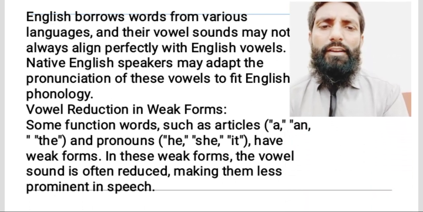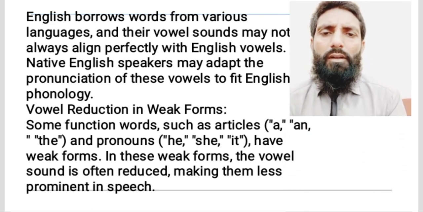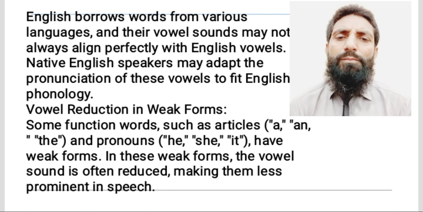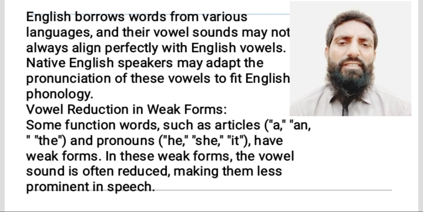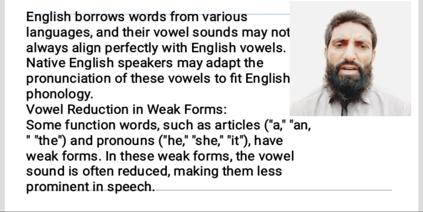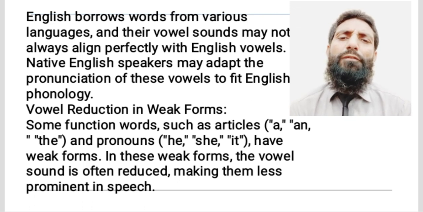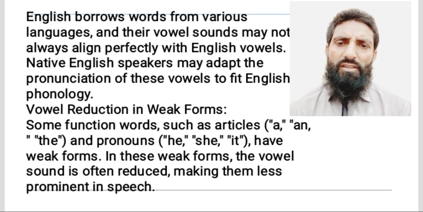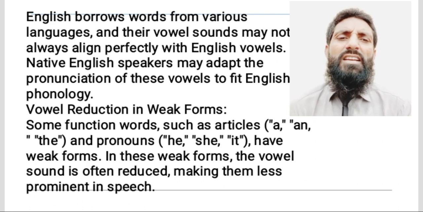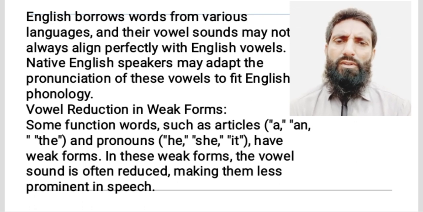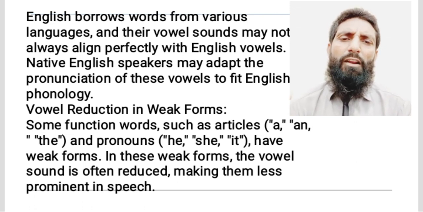Next, English borrows words from various languages. English is not a pure language, and it has different words extracted from other languages of the world. It can absorb many languages into it, and we take words borrowed from other languages while we speak.